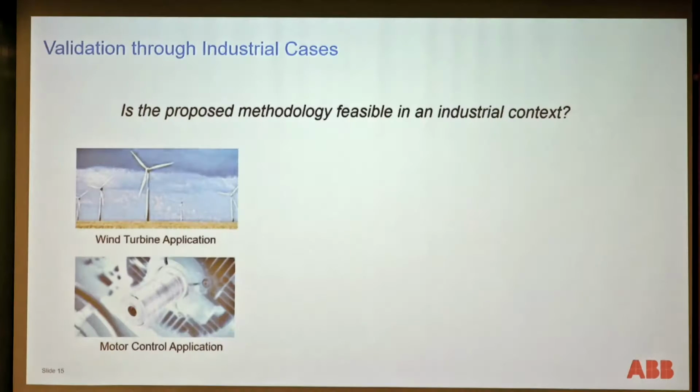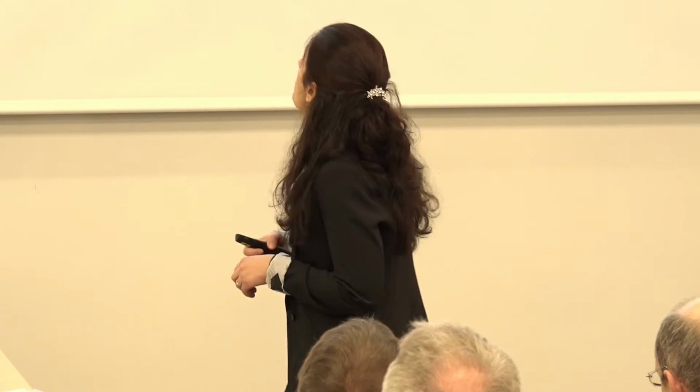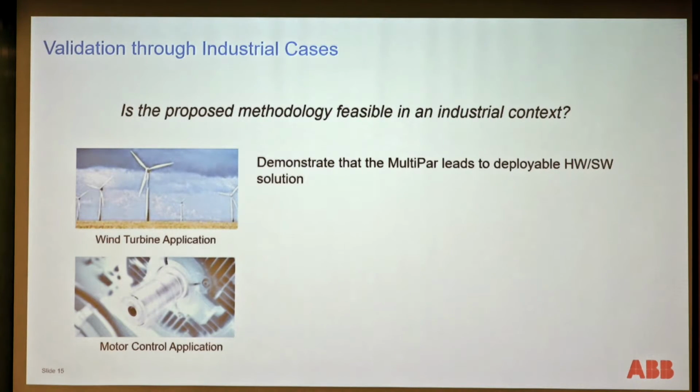We use two industrial cases, one is the wind turbine application and the other is the motor control application. Our strategy was to demonstrate that the solutions achieved with MULTIPAR are applicable and can be run on real hardware.